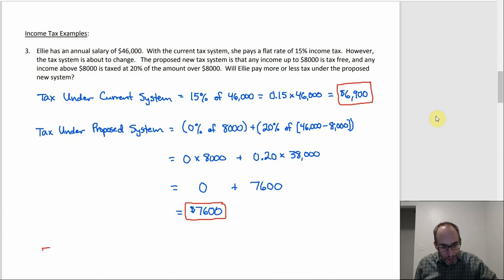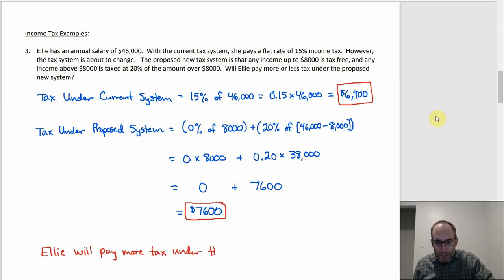So what we'd end up with is that Ellie will pay more tax under the proposed new system. Since 7,600 is bigger than 6,900.